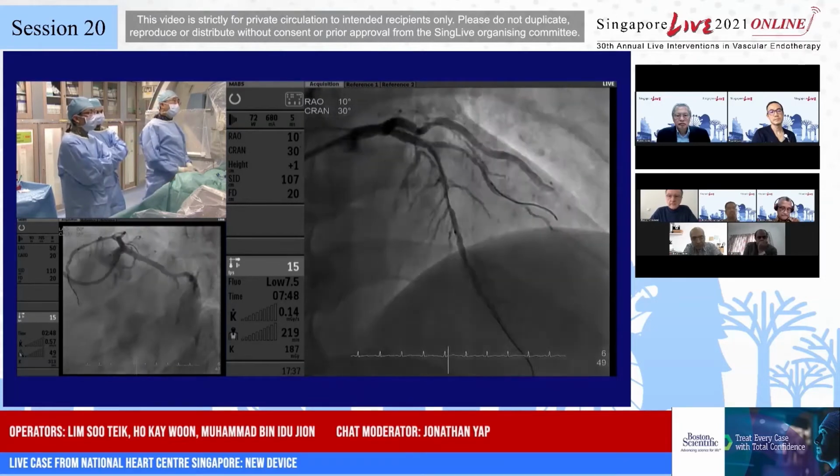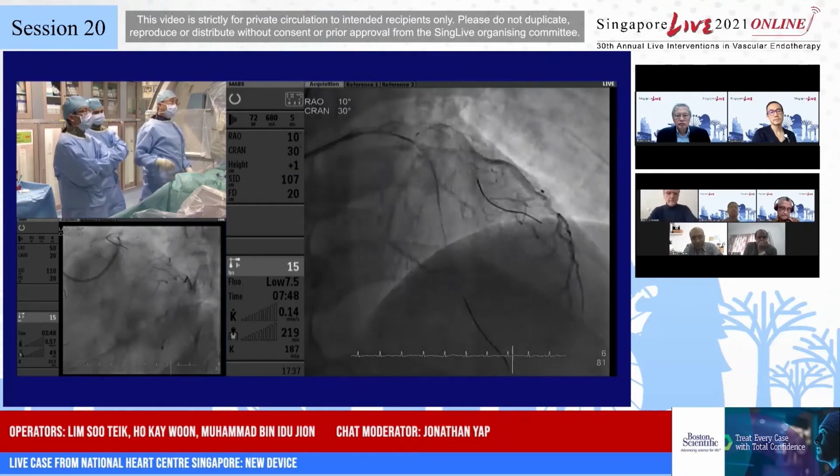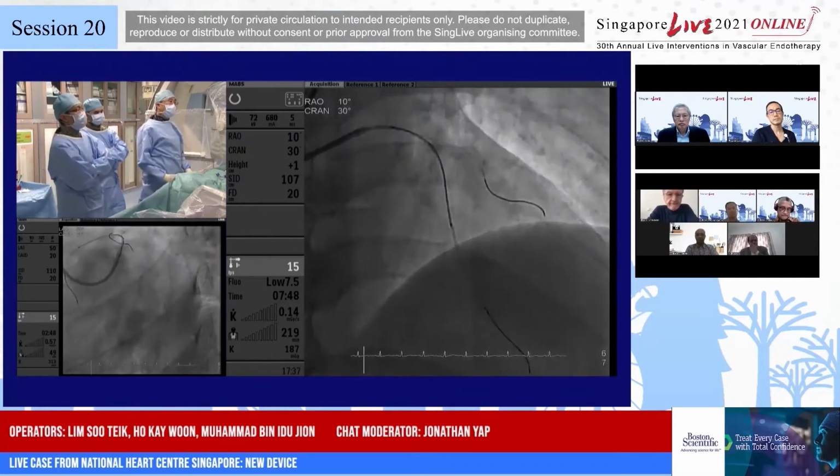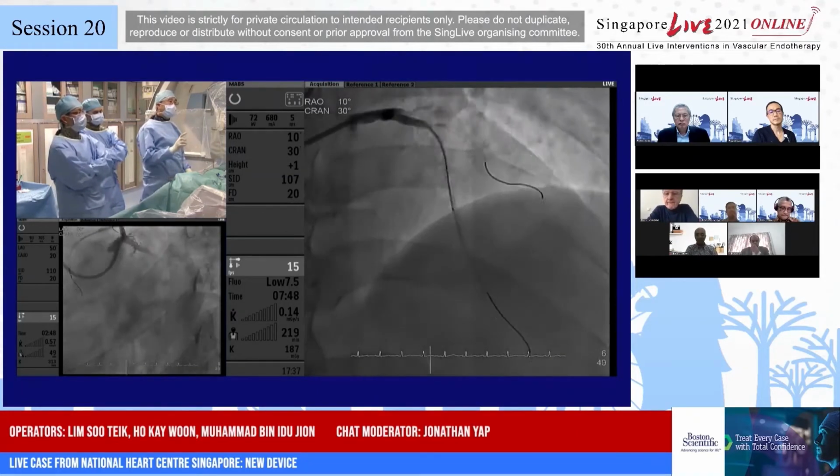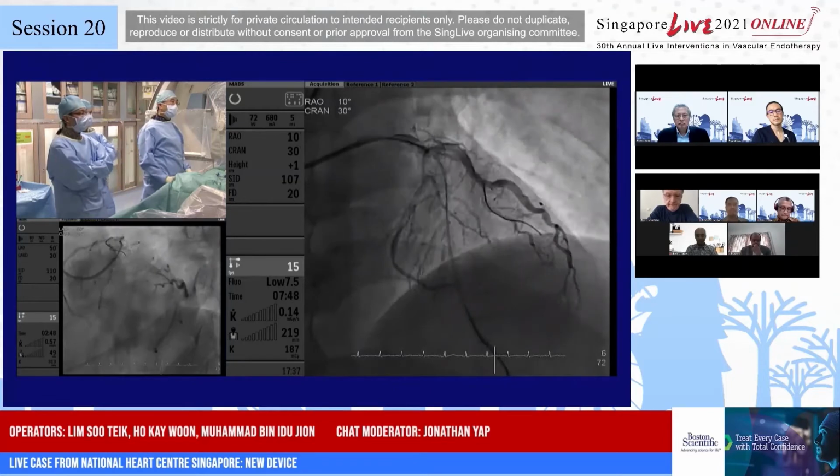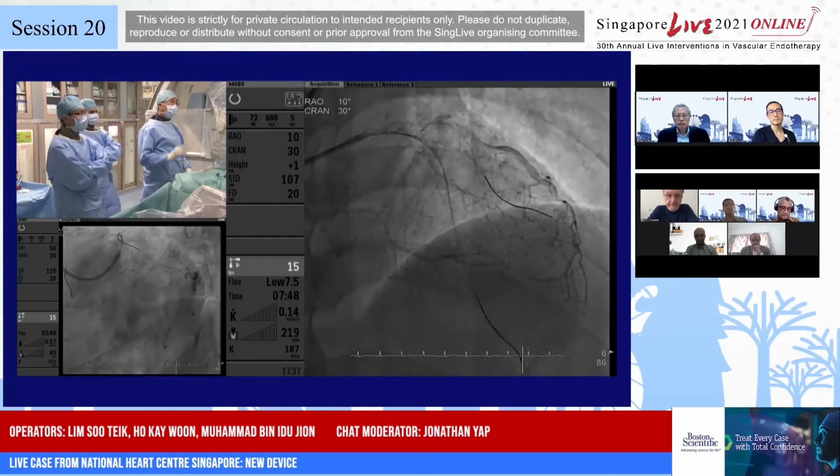Sure. So the option is to either implant one 2.5 times 38 millimeter bioadaptor and then post-dilate.